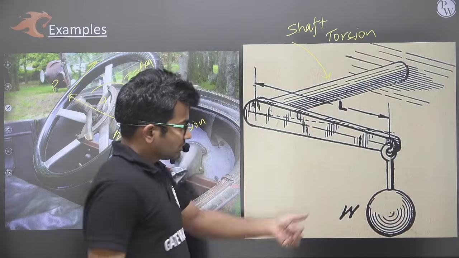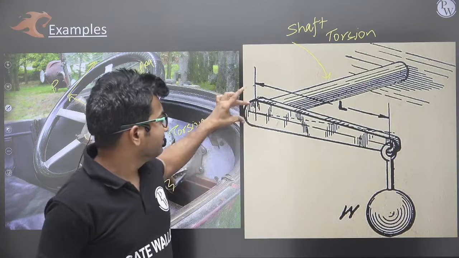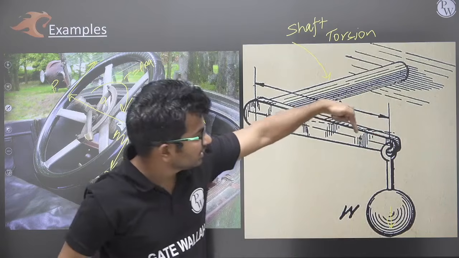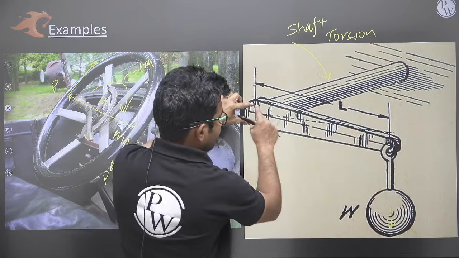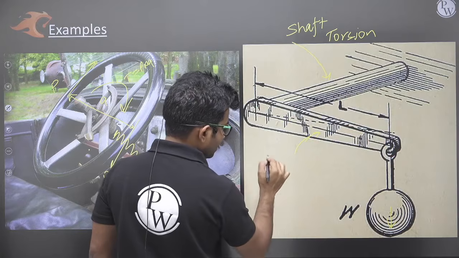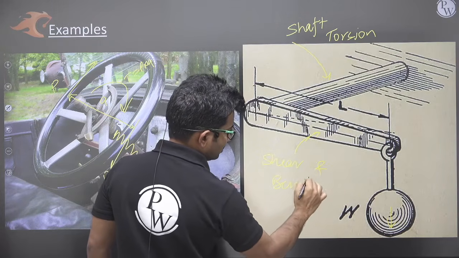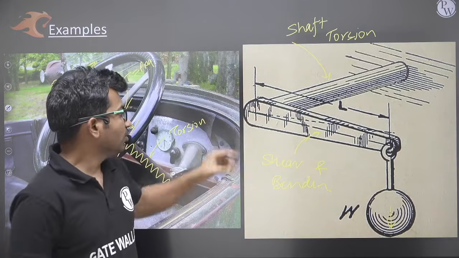This shaft is connected with a lever. On this lever some weight is hanging. So this weight is causing a downward movement here, and because of this downward movement, in this part we will be having shear and bending. What about this part?